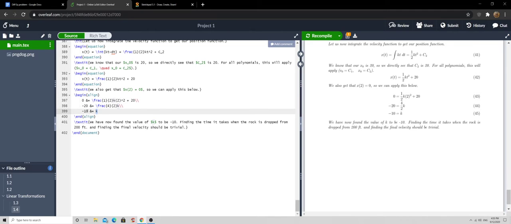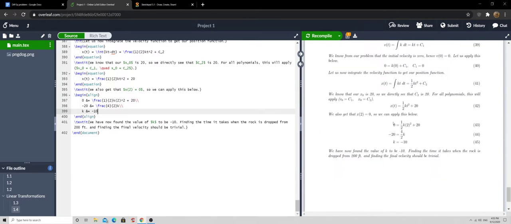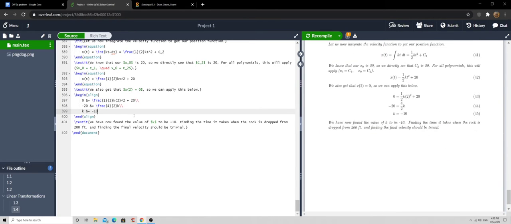Actually, it would be nice if I flip this around, maybe, so just k equals minus 10. Yeah, that's good. So minus 10 feet per second squared. That's our constant acceleration on this planet, which is not Earth, of course.